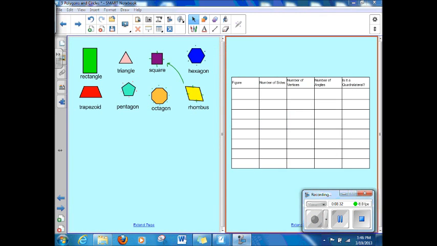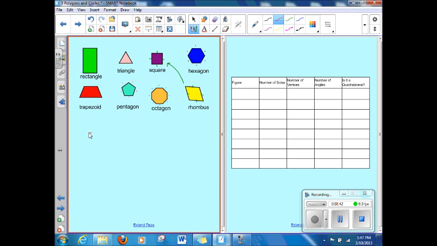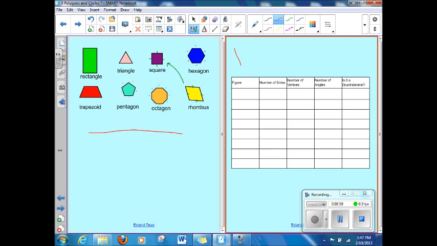Now you'll notice that I changed the display of the smartboard here, and I've got 2 screens at the same time. We just finished with this screen naming these polygons. And now, if you would look in your workbook section on the back of page 113, polygons and circles, if you flip that to the back side, there's a chart that looks like this one.